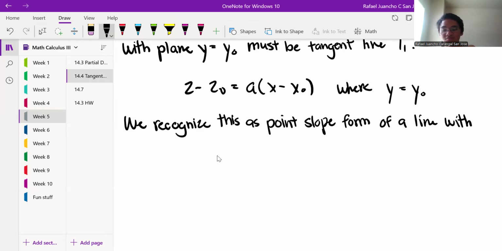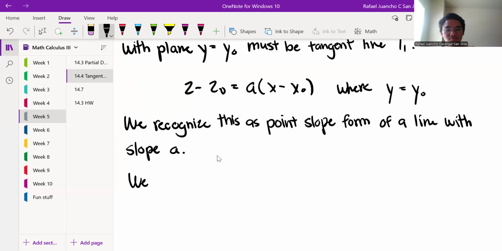Point-slope form is a pre-calculus thing. And the slope is A. And from our previous section 14.3 on partial derivatives, we know that the slope of the tangent T1 is f sub x, x naught, y naught. Right? And so here's the idea. So this is slope A. What else?